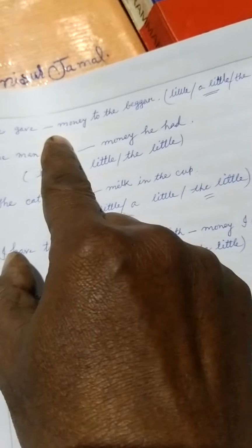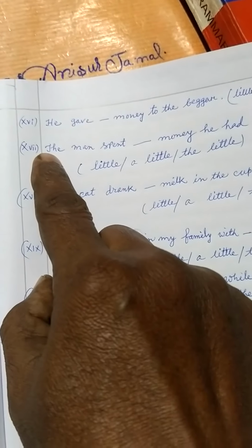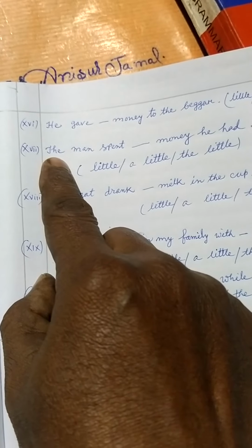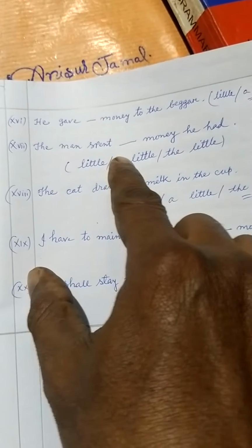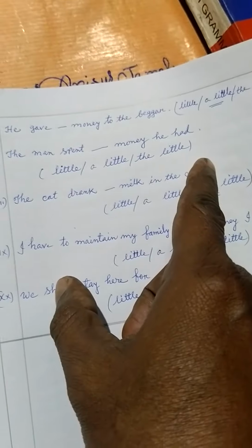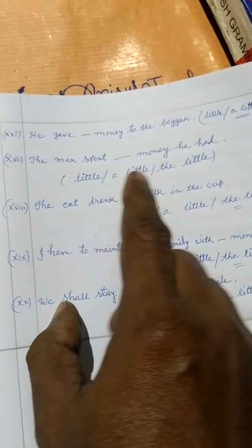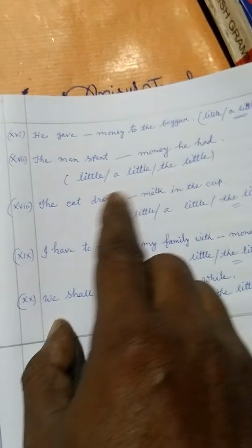He gave a little money to the beggar. Number 17. The man spent dash money he had. The answer is the man spent the little money he had.